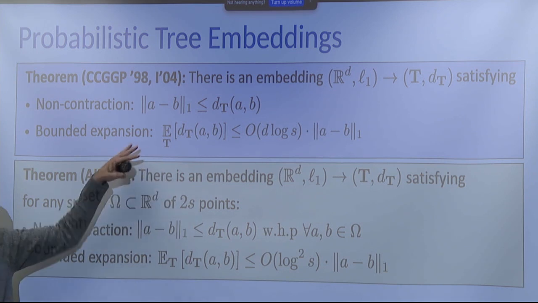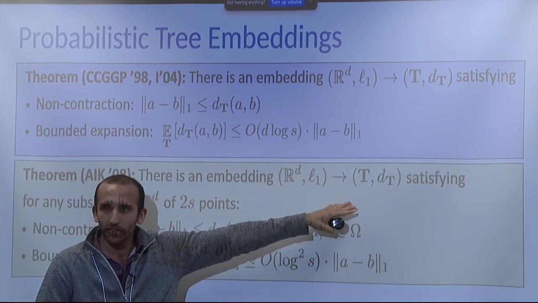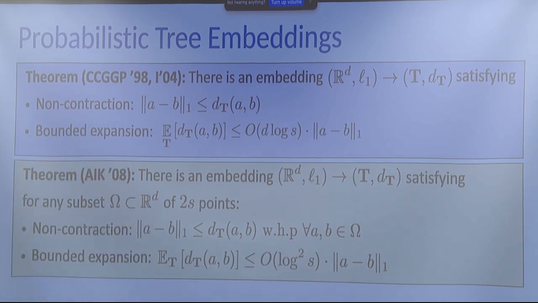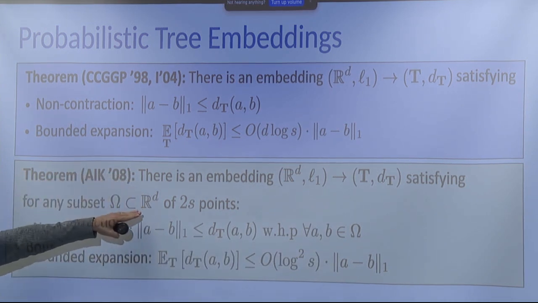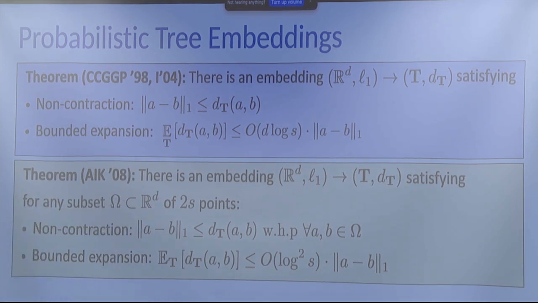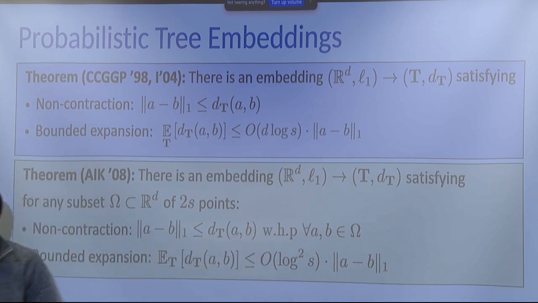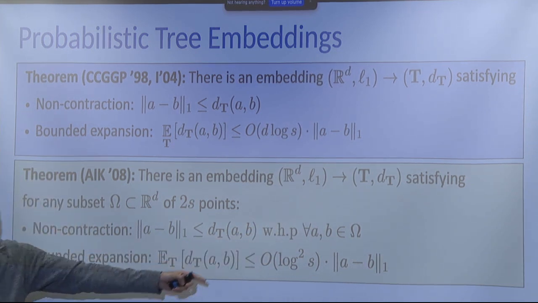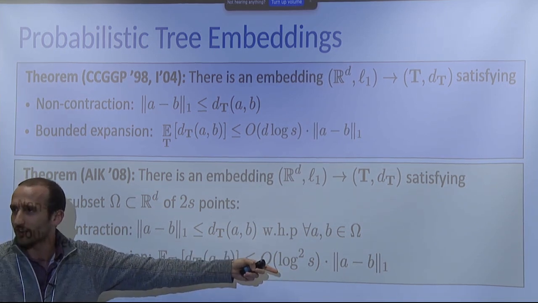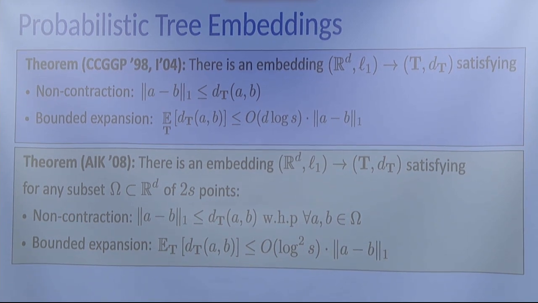They show that there is a probabilistic construction of a tree from R^d into a tree, such that if you fix any subset Omega of 2S points, and apply the mapping to the underlying points you're trying to compute, with high probability the mapping will be non-contracting for all the points in the original ground set Omega. On the other hand, they have bounded expansion with a factor of log squared S. This is where the log squared S is coming from. So these were the results that were known.